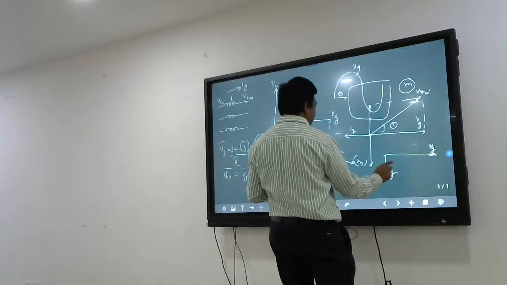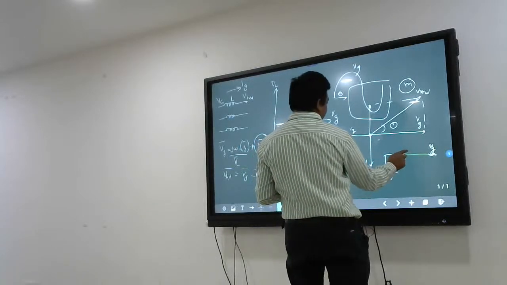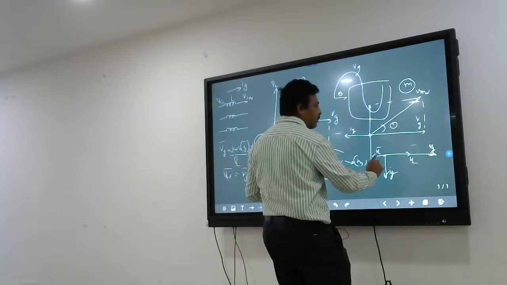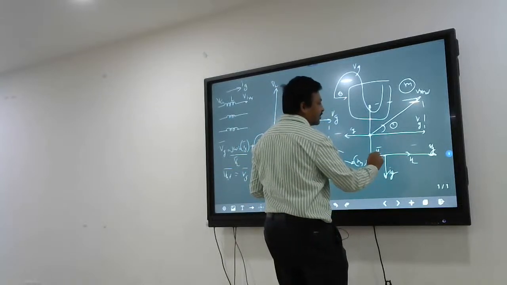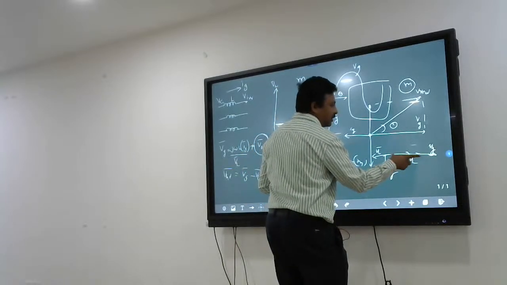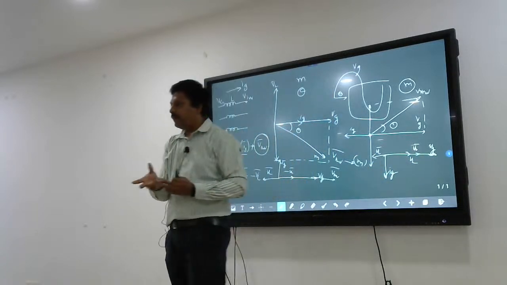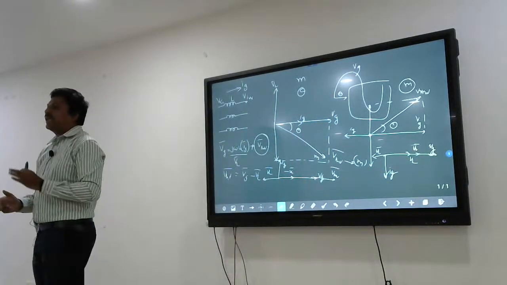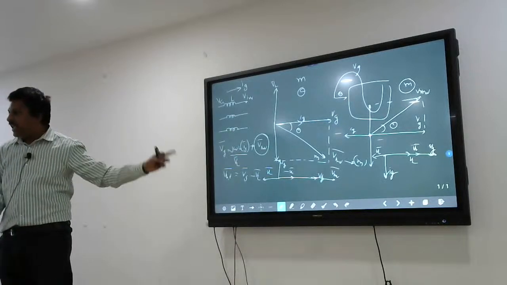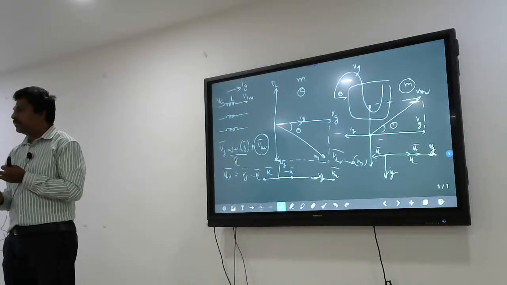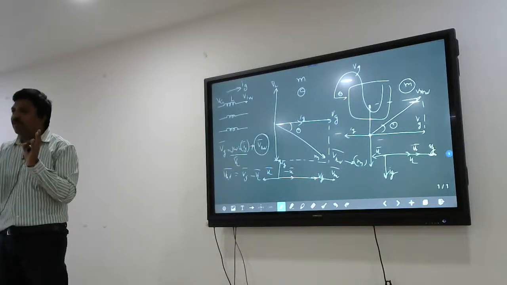If IG is like this, VL is in this direction, and VL bar is in the opposite direction. Minus VL bar plus VG bar gives this V inverter, so you slightly reduce the voltage in phase. Basically, the same principle is used for grid integration of PV cells, or an electric vehicle, or whatever it may be.